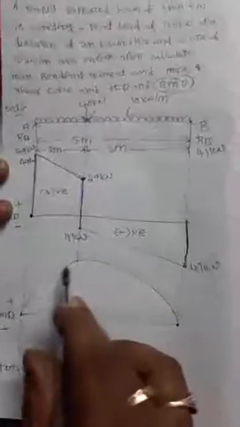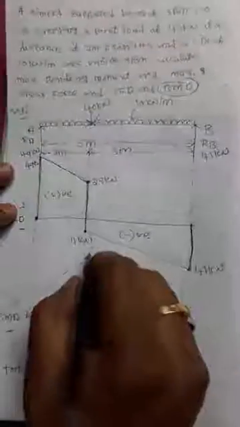So the total diagram looks like a parabolic curve. The units of bending moment are kilonewton into meter. 78, okay, and this is the bending moment diagram, and this is the positive sign.